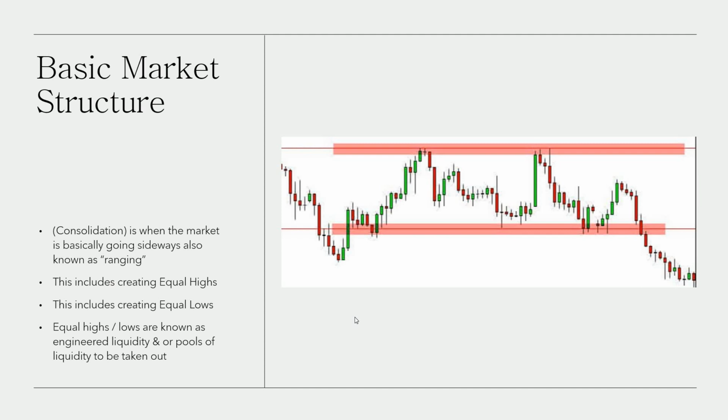So what retail traders, or pretty much 90 to maybe 95% of all traders, see this as is something called support and resistance. Support and resistance is a concept that retail traders use to enter trades. What they believe is that at old highs and equal highs, specifically equal highs, when the market trades up to these highs, the market is going to trade up to it and then reject lower.